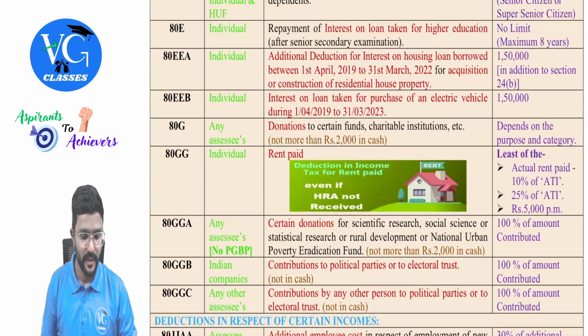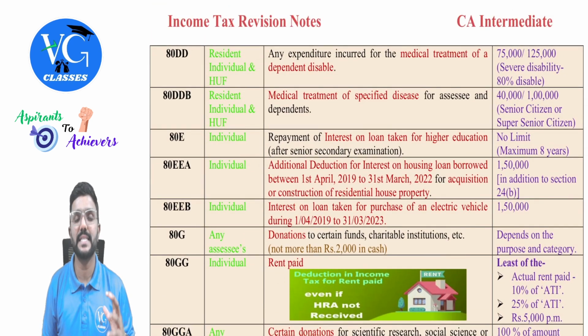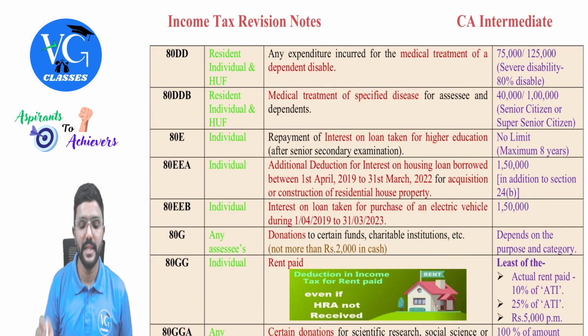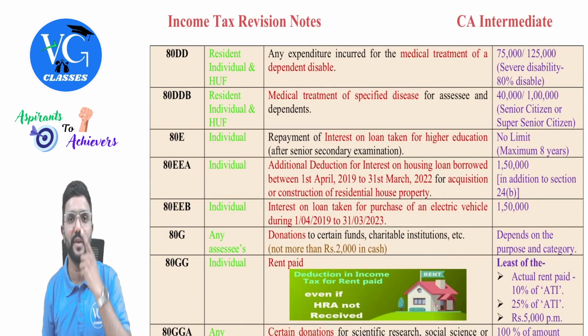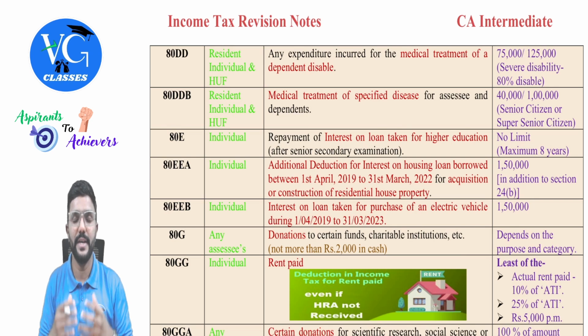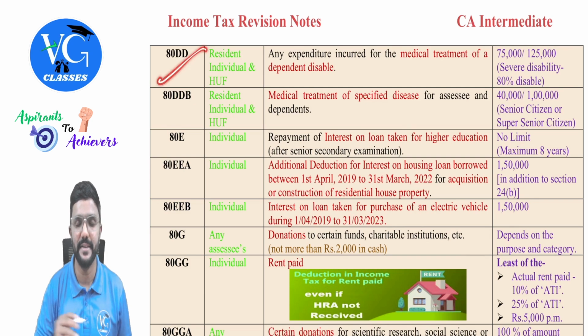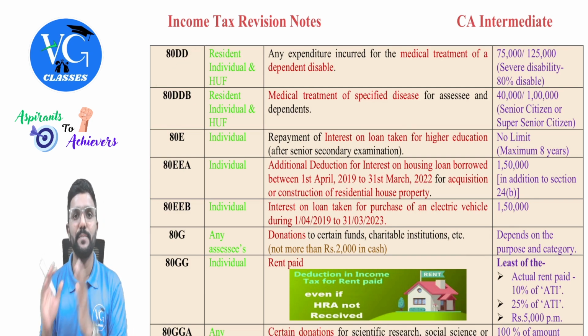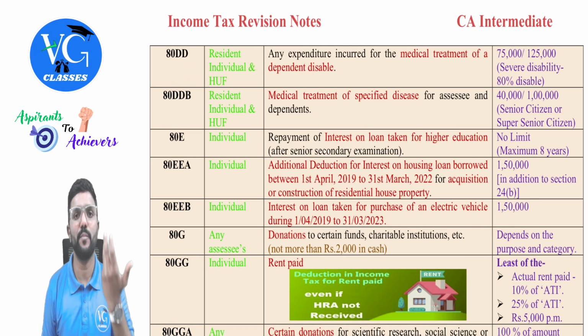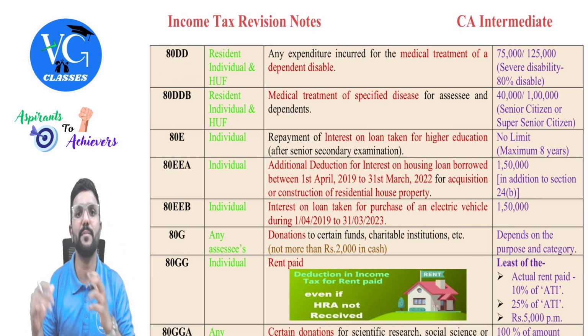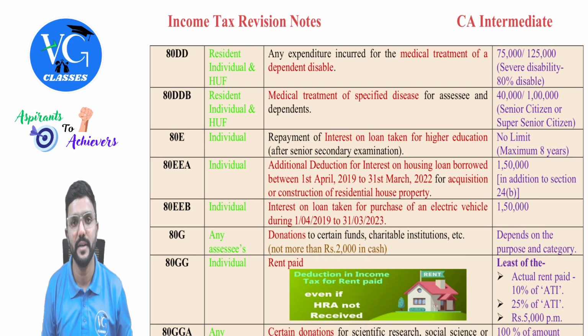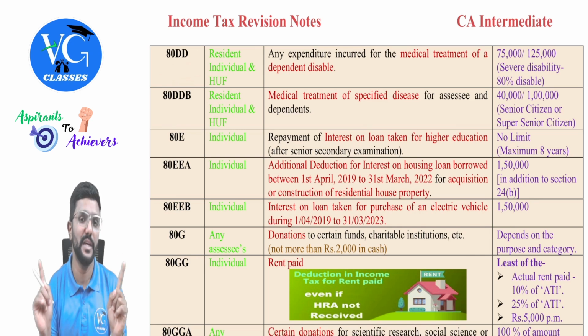And one more thing, if an assessee has taken a life insurance policy in the name of a dependent who is suffering from disability, and when the dependent was alive the assessee has claimed deduction under section 80DD, if this dependent person dies and the policy matures, exemption under section 10(10D) is not available, guys.